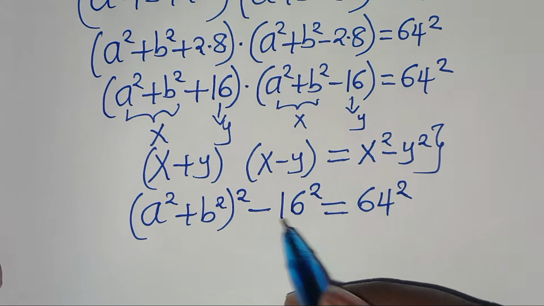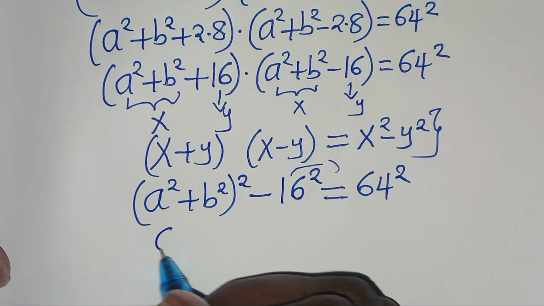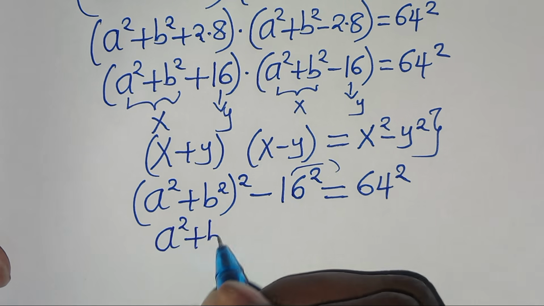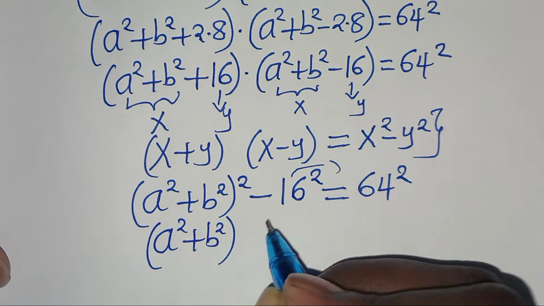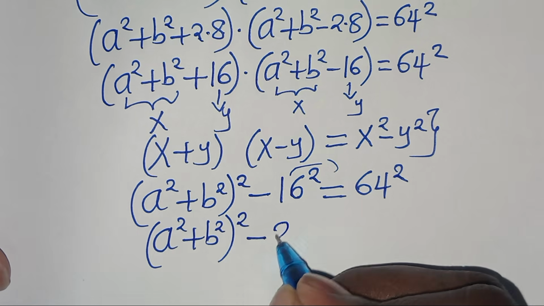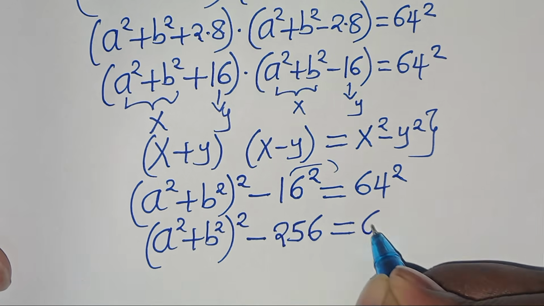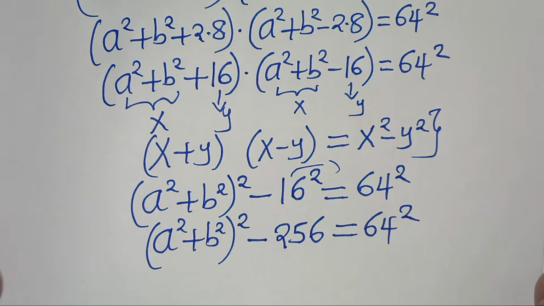Now, the next step is to take minus 16 squared to the other side. So a squared plus b squared raised to the power of 2, minus 16 squared, which is 256, equals 64 raised to the power of 2.